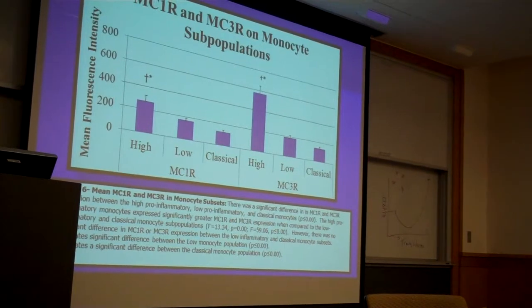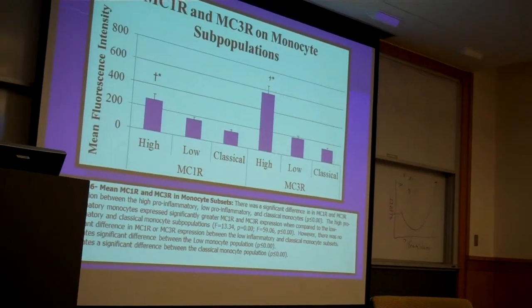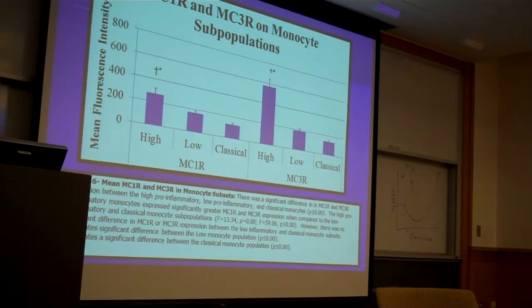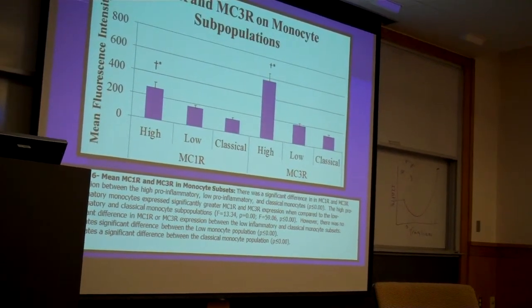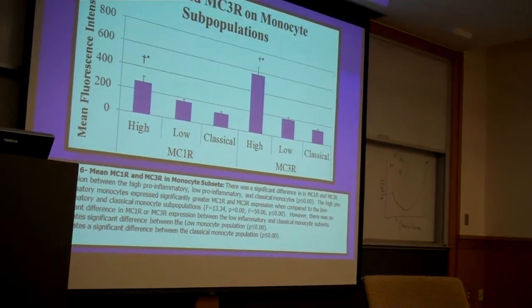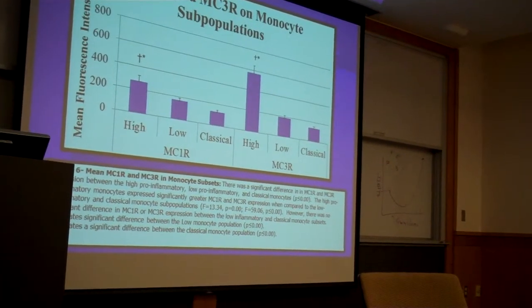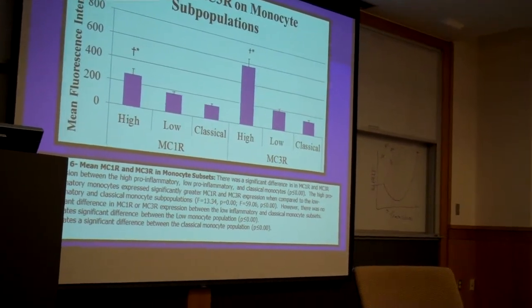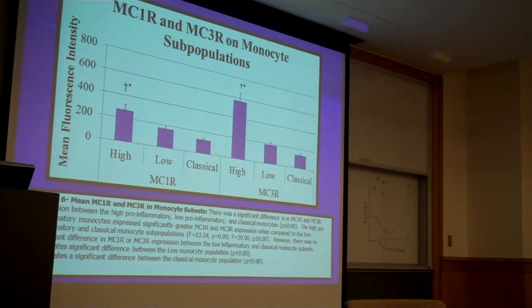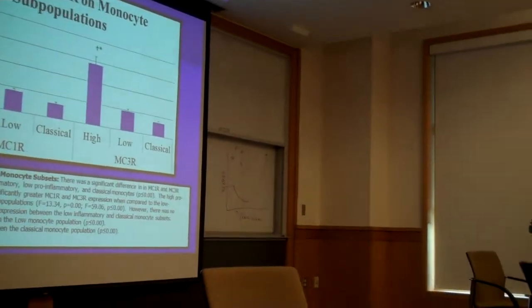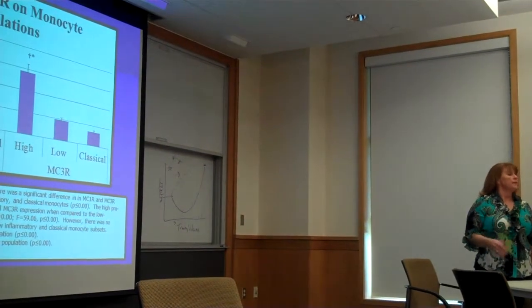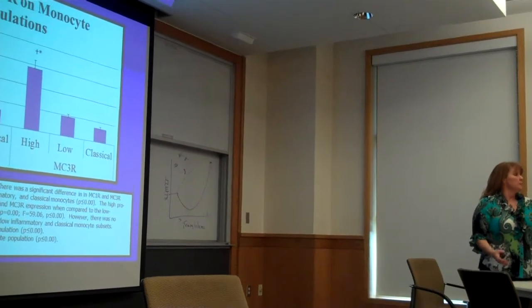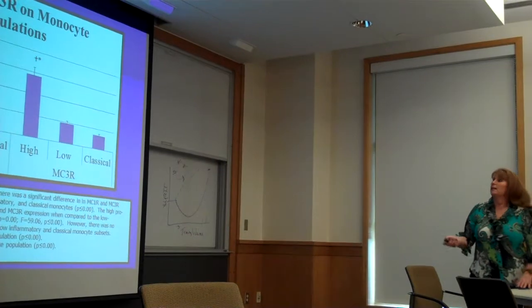Those cells that were high inflammatory, the CD16 positive, had significantly more both MC1 and MC3 receptor. And that makes total physiological sense, because they are activated, they need that control, the anti-inflammatory function there to help control inflammatory processes, and that they've been activated.